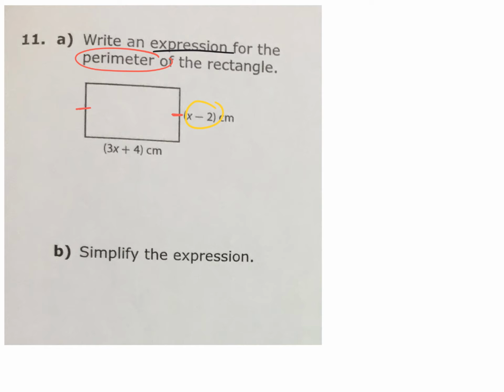X minus 2, so I want you to copy that down. This side length is x minus 2. If this side length is represented by 3x plus 4, what is this side length represented by? 3x plus 4, right?